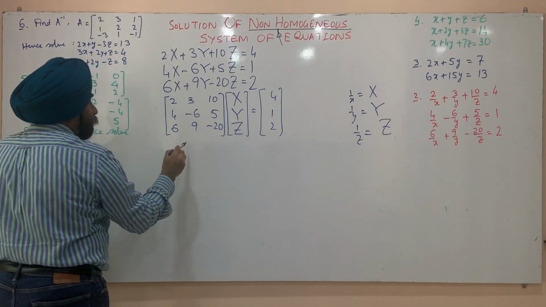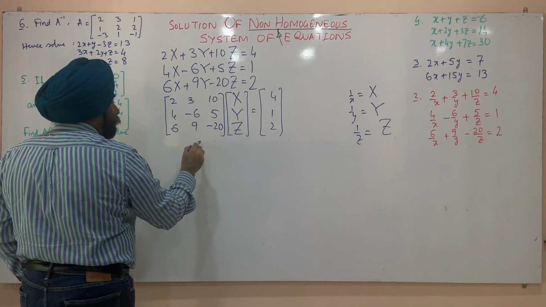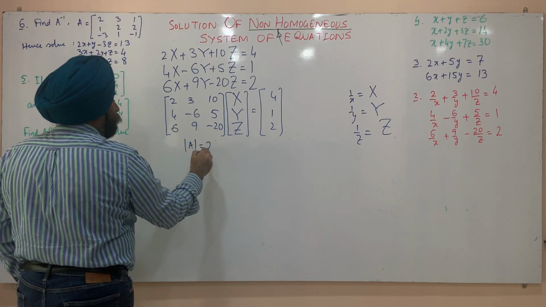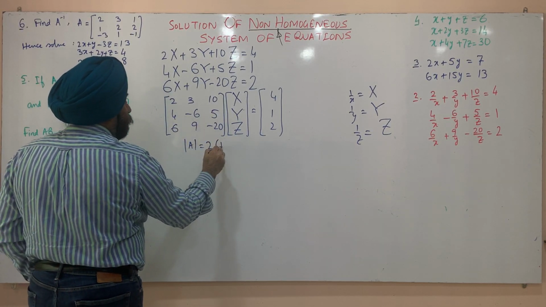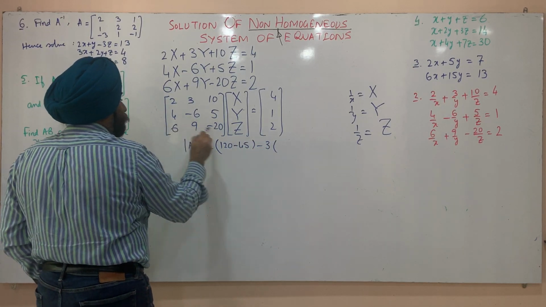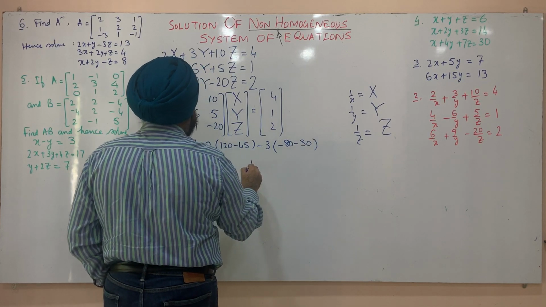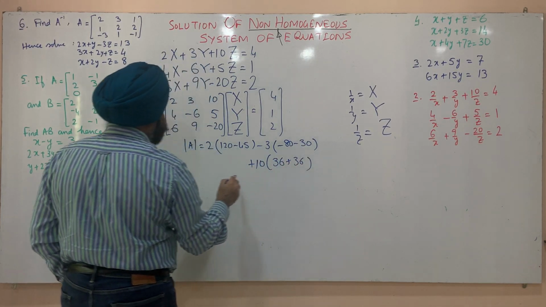The first step, we find out, okay, let us name this as A. So determinant of this matrix, this will be expanding along the elements of first row. 2 into is 120 minus 45. Minus 3 is minus 80 minus 30. Plus 10, it's 36 plus 36.